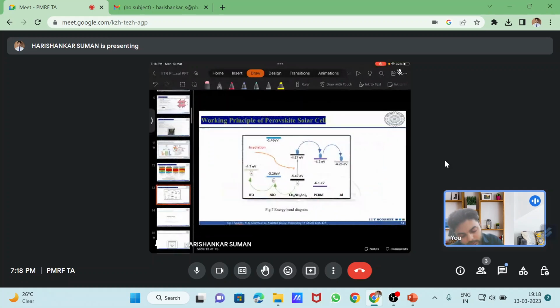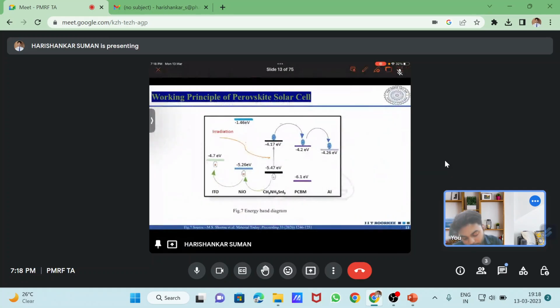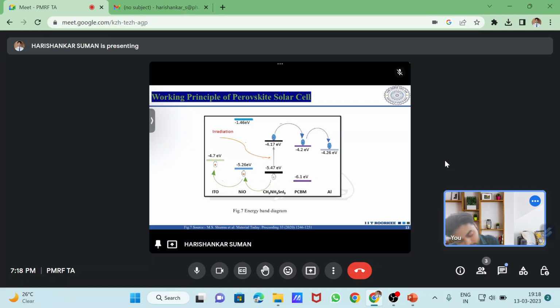There is a working principle mechanism. Our solar cell is like that: first is FTO, then ETL, perovskite, then HTL, then the top electrode. The first is known as the electron transport layer.